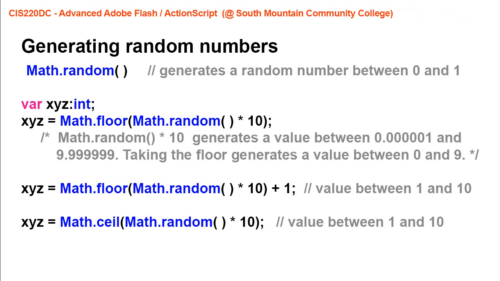We saw in the previous video with the math class that there was a method called random. And that method generates a random number between 0 and 1. So if I have a variable of xyz, which contains an integer, I can generate a random number by using Math.random, which is going to give me a decimal number between 0 and 1, and multiply it by some factor in terms of the upper limit.